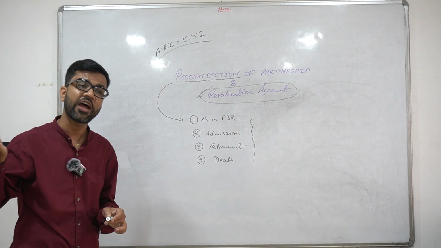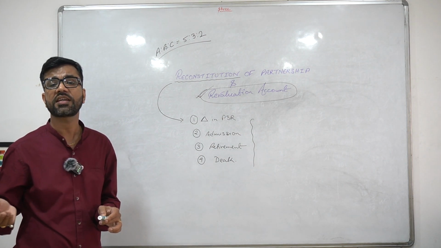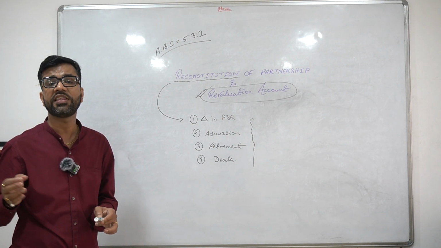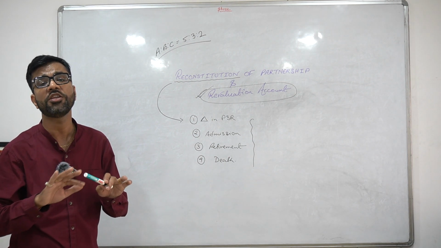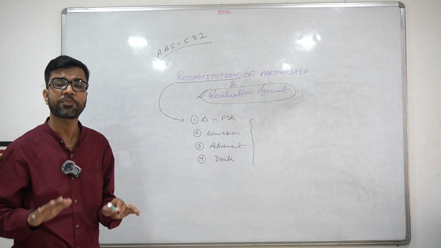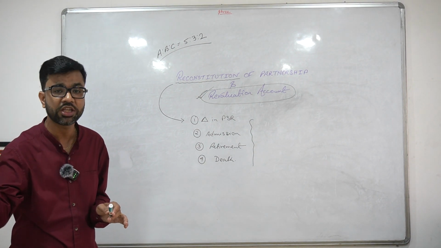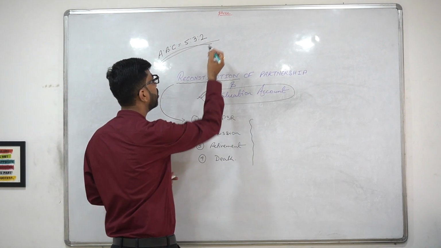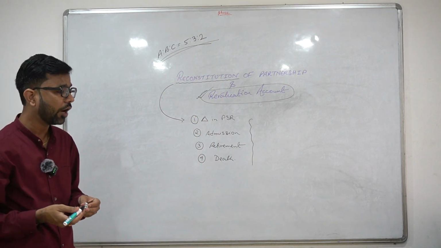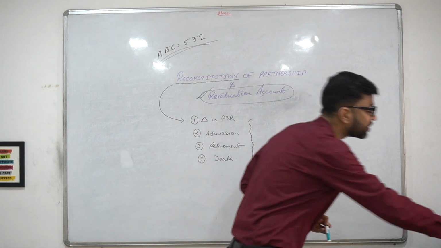Whether it is a case of admission of D, retirement of C, death of C, or change in PSR, the profit or loss because of change in the values of assets and liabilities will always be shared in the old ratio. Now, how to prepare a revaluation account?